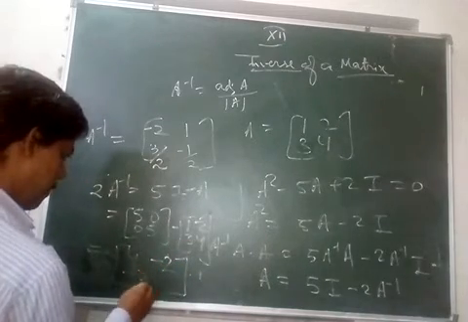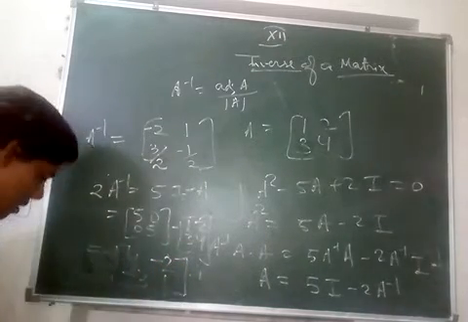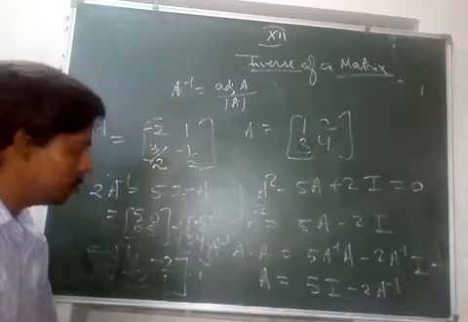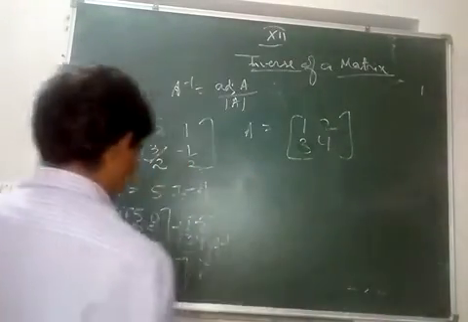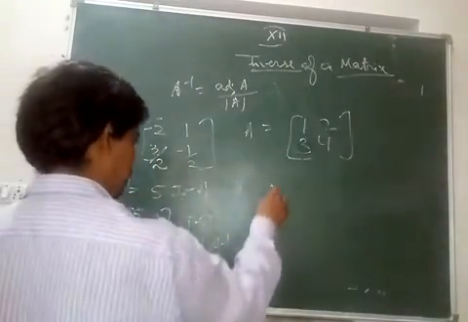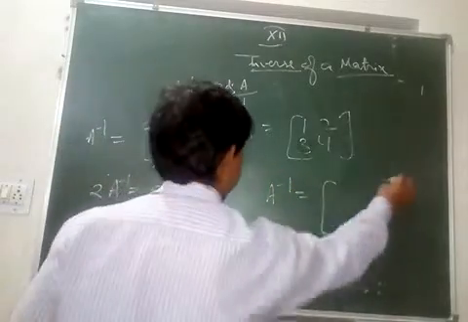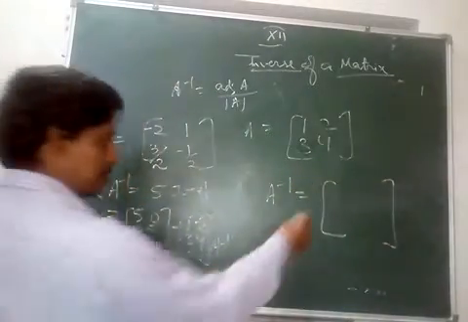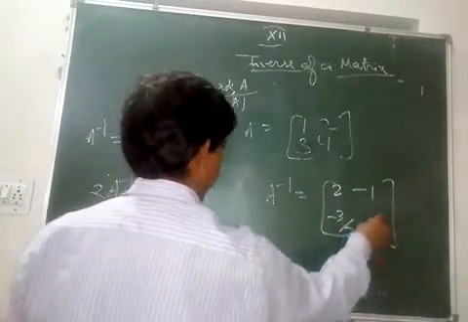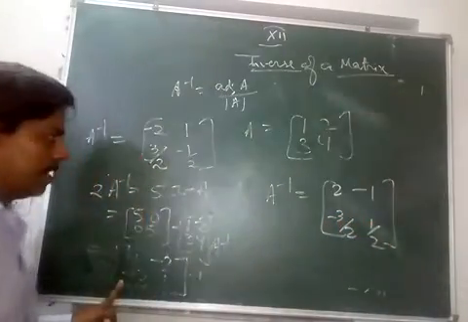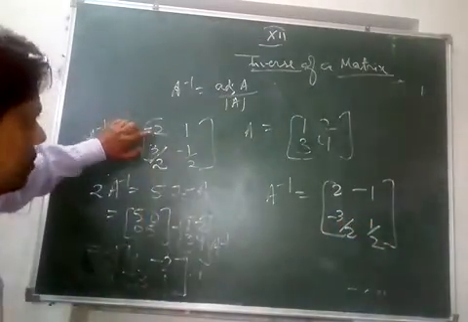Minus 3. And 1. And now divide by 2 to get A inverse. So A inverse is equal to 1 by 2 of this: 4 divided by 2 is 2, minus 1, minus 3 by 2, and half. That's A inverse.